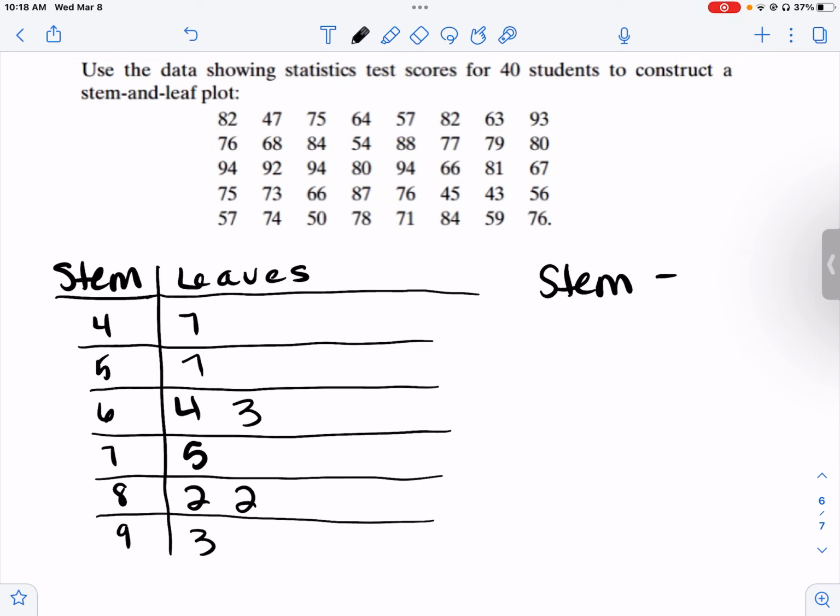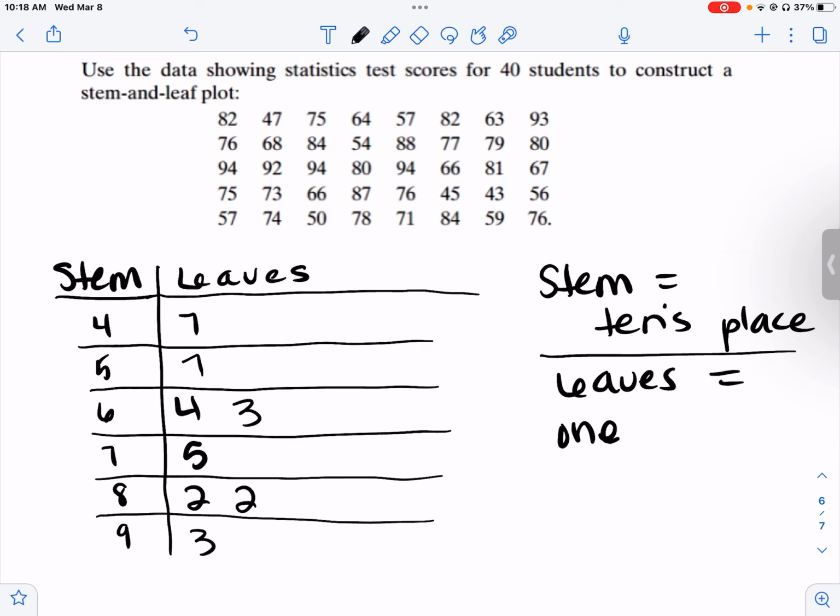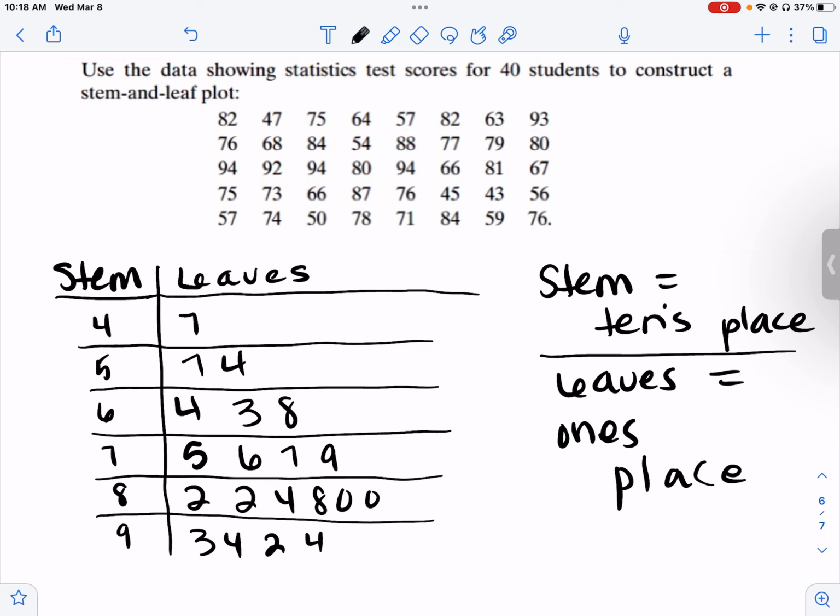So stem equals tens place, leaves equal ones place. All right, our next row, I've got 76, 68, 84, 54, 88, 77, 79, 80. The third row, 94, 92, 94, 80, 94, 66, 81, 67.